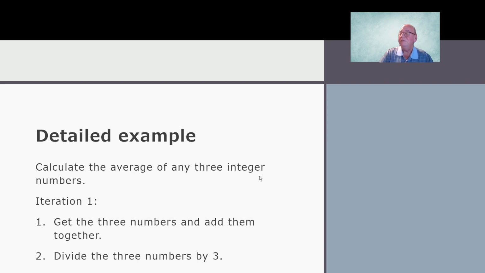I picked this one specifically because most of us did averages in grade school, and I'm sure you remember how to go about it. An average is simply the sum of a bunch of numbers divided by the number of numbers. Sometimes it's known as the mean, or median, I always get those confused. Anyway, it's a pretty straightforward process. In this case, I just wanted the average of three numbers, and I'm purposely keeping it very simple to begin with.